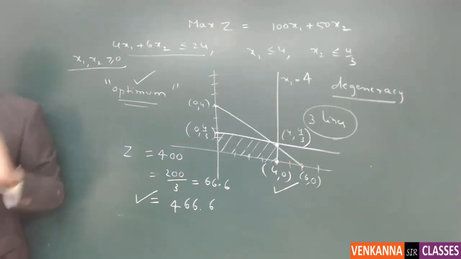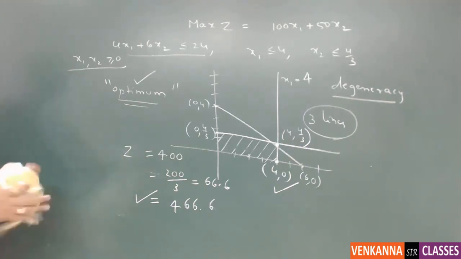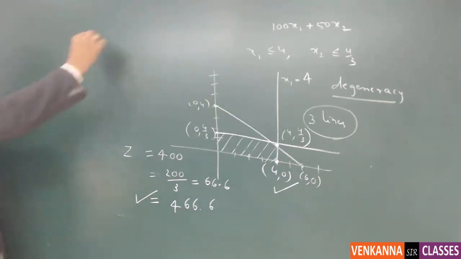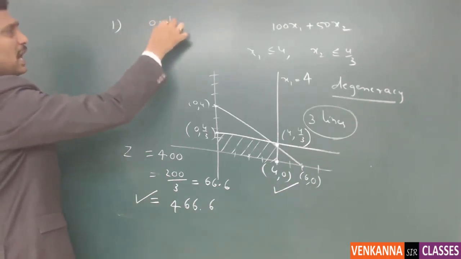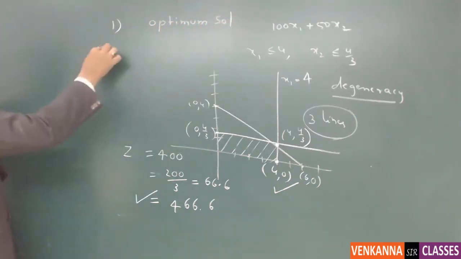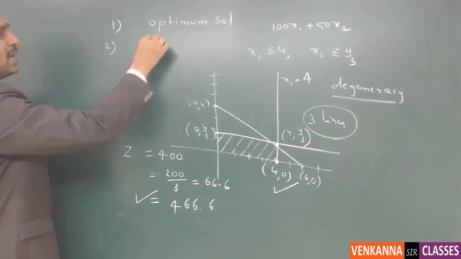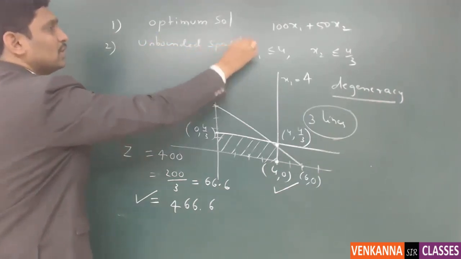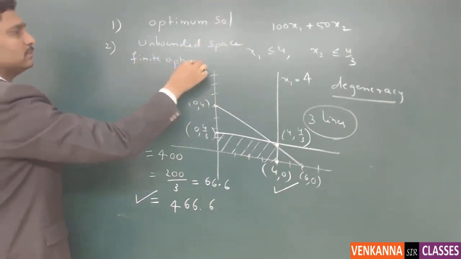So on the whole, the total discussion on graphical method for today's session is as follows. In the previous class we discussed what is meant by the feasible region and optimum solution. In today's class we discussed that even though the solution space seems to be unbounded, you will have a finite optimum solution.